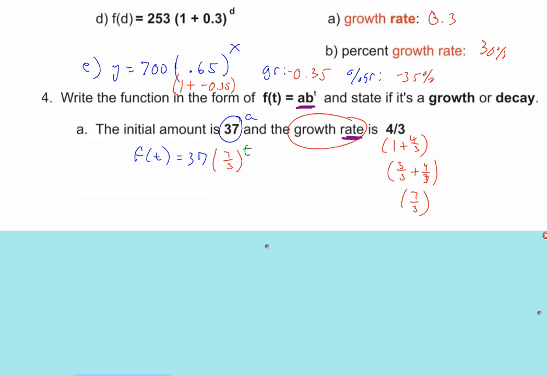My question is really going to come into play, did you get the base correct? Because hopefully everybody put 37 in for the a, right? And t is just t. So on 3, tell me what you put in for the base. Here we go. 1, 2, 3. I love it. How about 7/3?